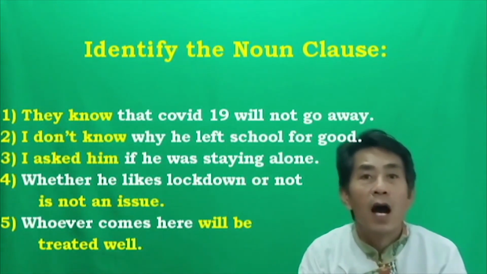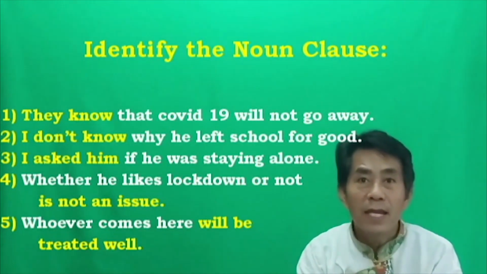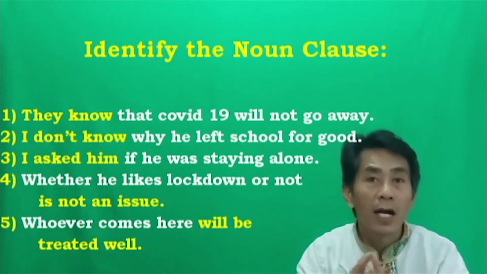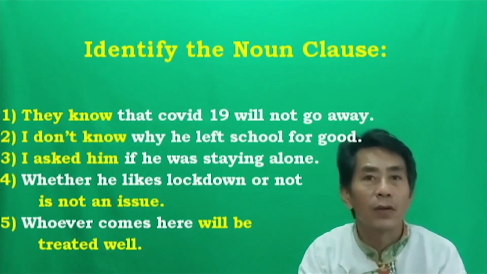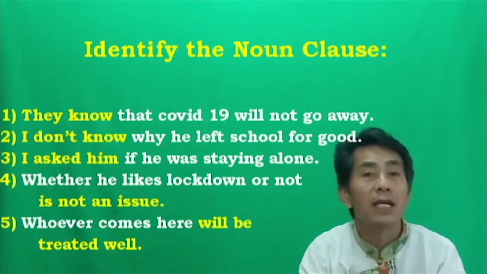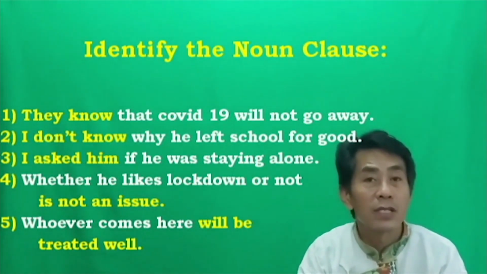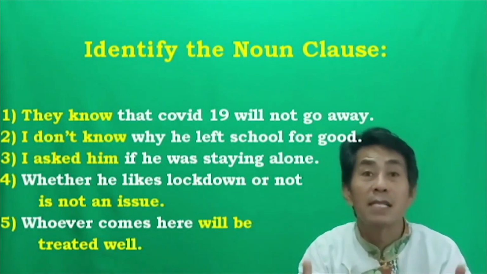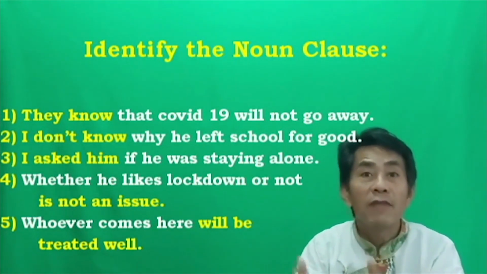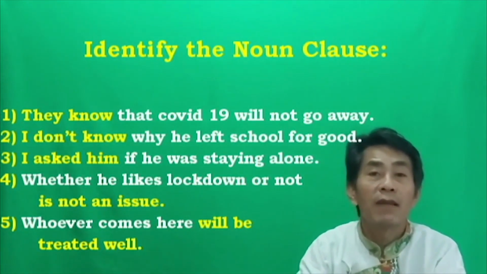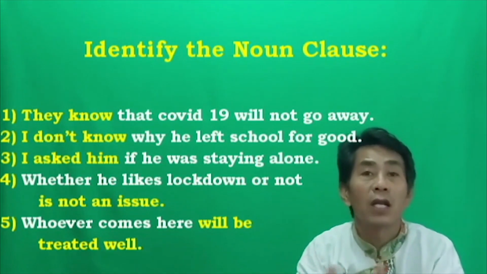The third one: "I asked him if he was staying alone." Now you tell me what the noun clause is here. "I asked him" is the main clause. "If he was staying alone" is a clause.